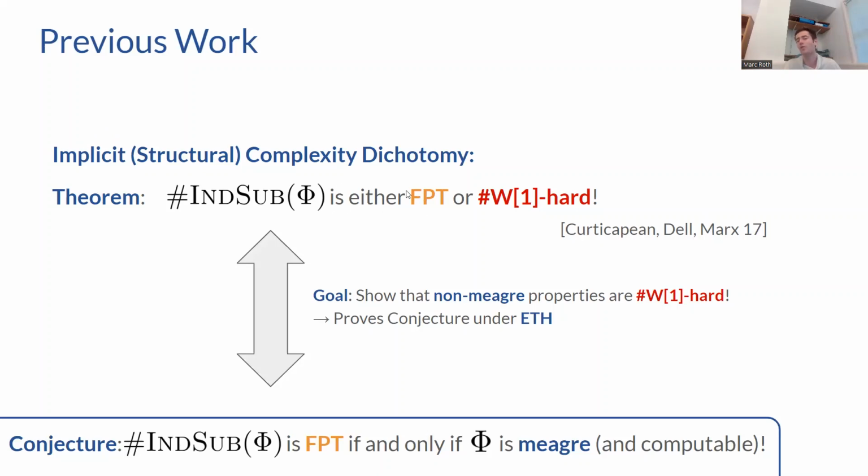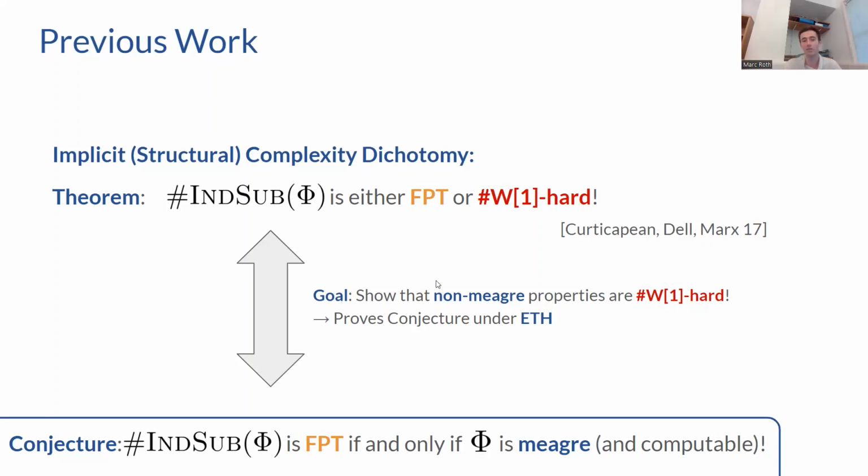This means that even though we know in this theorem that we are always either FPT or #W[1]-hard, it's not clear at all how to pinpoint the complexity if you give me a concrete property. I know the problem is FPT or #W[1]-hard, but it can be really hard to find out for a particular property whether it is actually FPT or hard.